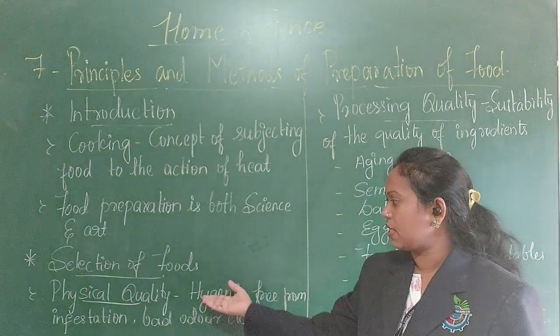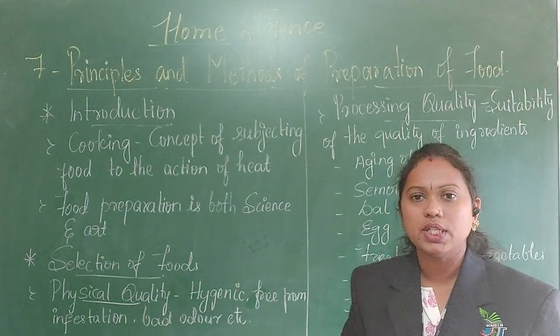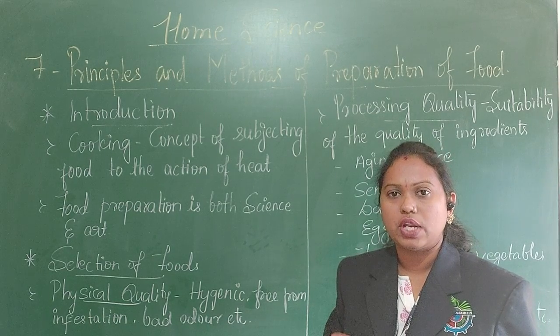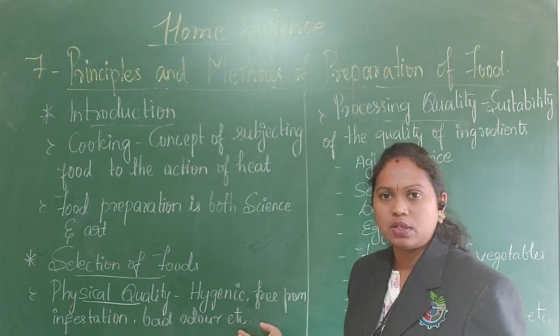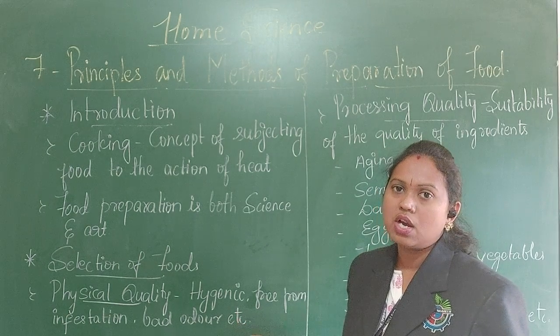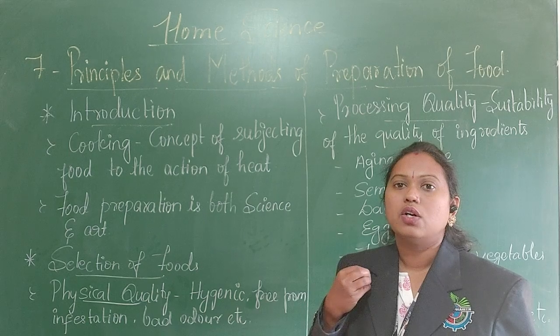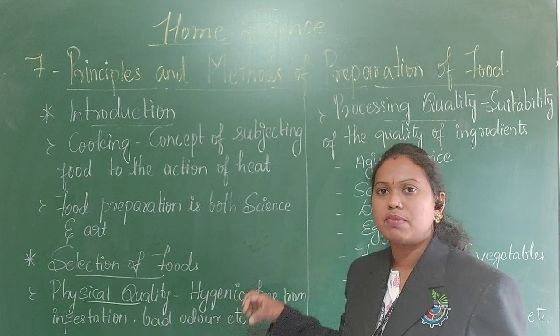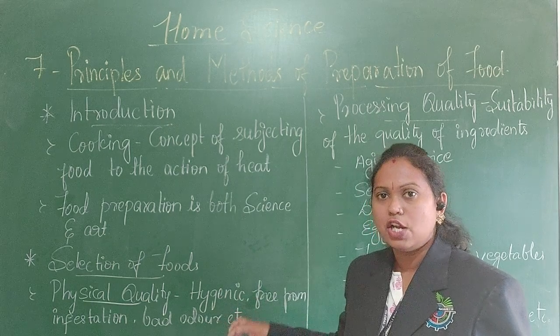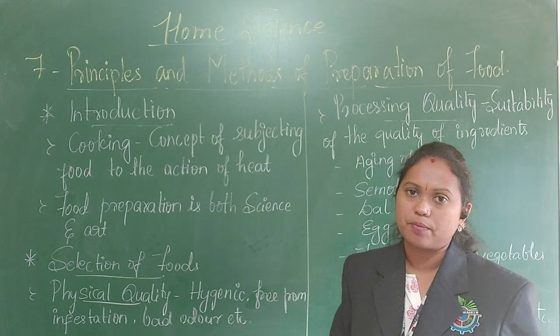When coming to the physical quality, food should be hygienic, free from any foreign matter, free from infestation, bad odor, lumps, etc., and should be whole and not broken. And these food items must pass some of these tests to be selected for cooking.